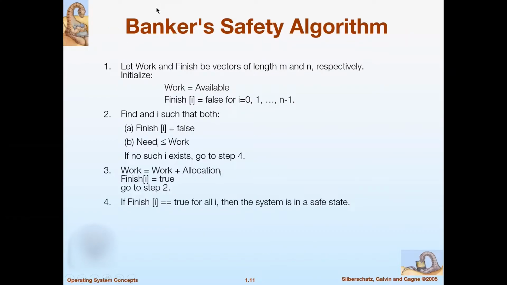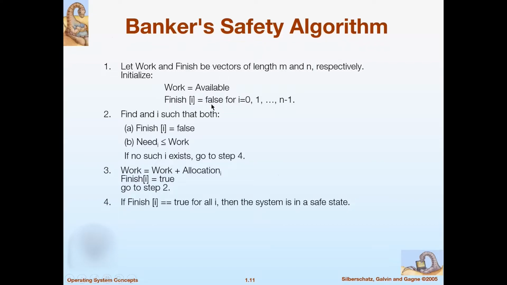We will now present the safety algorithm for finding out whether or not a system is in a safe state. So the safety algorithm uses local data structures Work and Finish. Work is initialized by the data structure Available, and Finish is a Boolean vector.